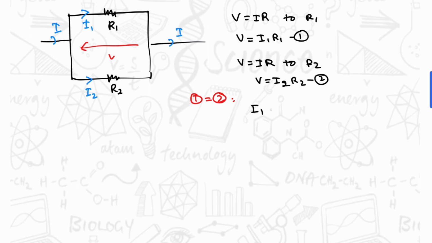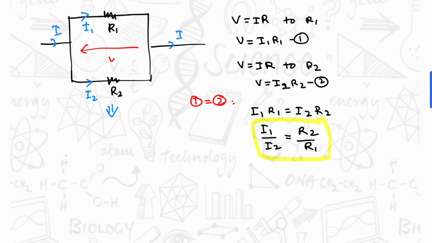Then we get I1 R1 will be equal to I2 R2. From this, we can say that I1 divided by I2 is equal to R2 divided by R1. That is, the ratio between the currents is equal to the inverse ratio between the resistance values.